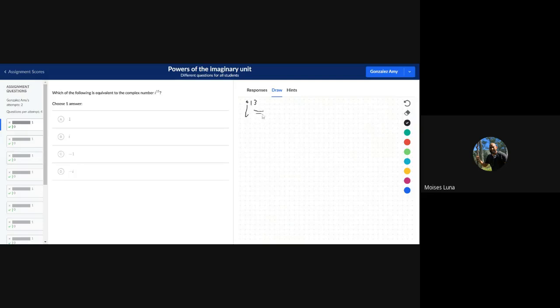All right, again, what you need to do, you need to find a number that is a multiple of 4. In this case, again, we already know that is 12. The closest one is 12. So i to the 4th raised to the 3rd power times i. In that case, remember that for i we don't have to write the exponent, but it's 1. So 4 times 3 is 12, and 12 plus 1 is 13. So this is equivalent.